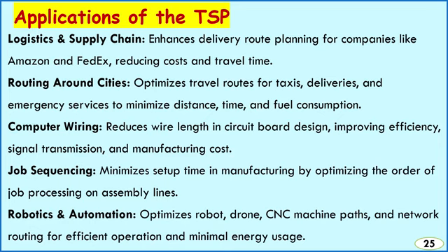Computer wiring also we can apply, where it will reduce the wire length in circuit board design, improving efficiency, signal transmission and manufacturing cost. It can be applied for job sequencing, where it will minimize setup time in manufacturing by optimizing the order of job processing on assembly lines. Finally, it is also applicable in robotics and automation, where it will optimize robot, drone and CNC mission paths, routing for efficient operation and minimum energy usage.